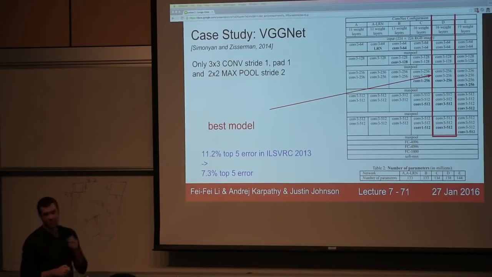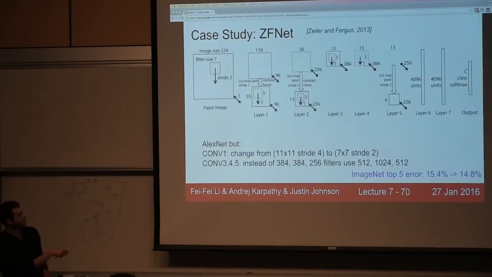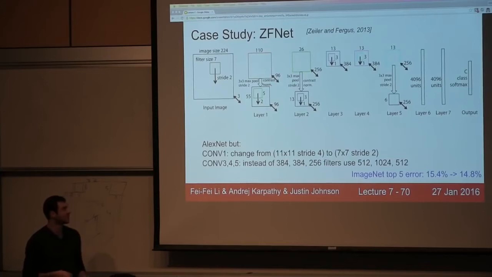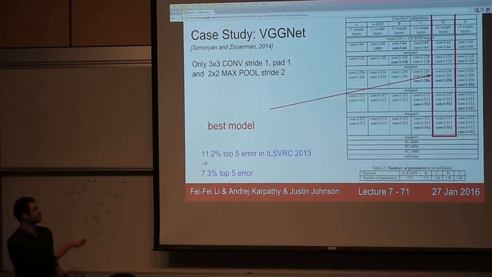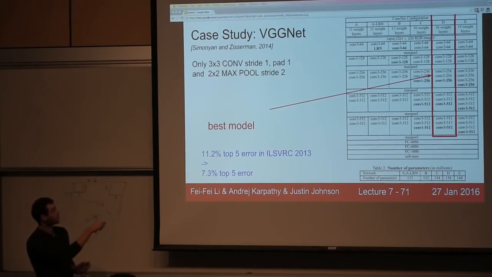Okay, so now we'll talk about VGGNet from 2014, again to give you an idea of what these look like. In the VGGNet paper, they had several architectures that they tried. What was nice and interesting about this paper at this time was that instead of going kind of crazy with the architectural choices, there were way too many parameters in how you change the filters and what their sizes were. So Karen Simonyan and Andrew Zisserman just said, okay, throughout the convolutional network let's commit to using 3 by 3 conv stride 1 with pad 1 and 2 by 2 max pool of stride 2.